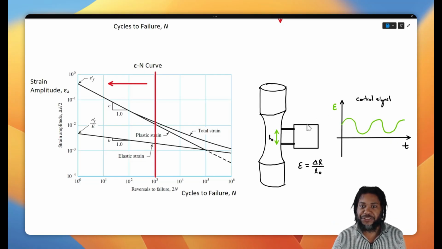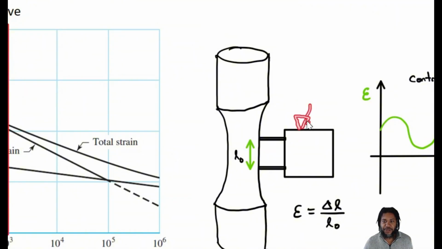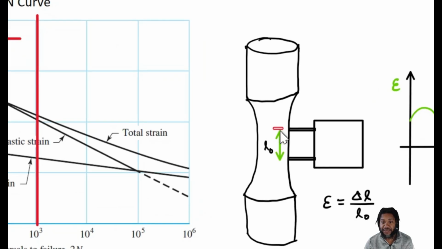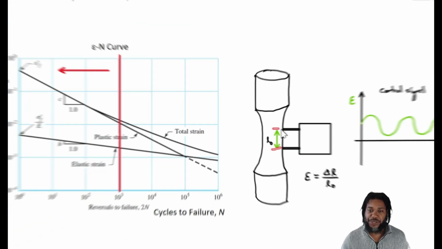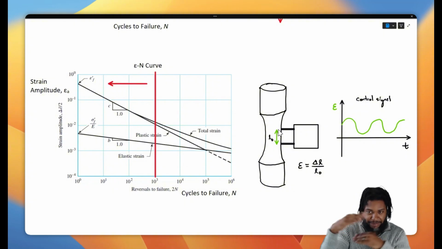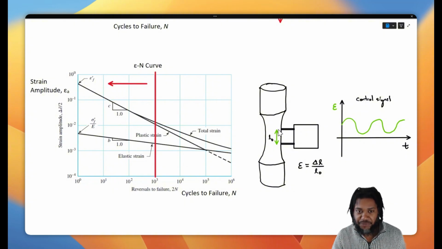Now, usually that's done using a little device called the strain gauge or an extensometer that measures the distance between two arms that touch the sample. And then we just take that measure, and we then find the cycles to failure.